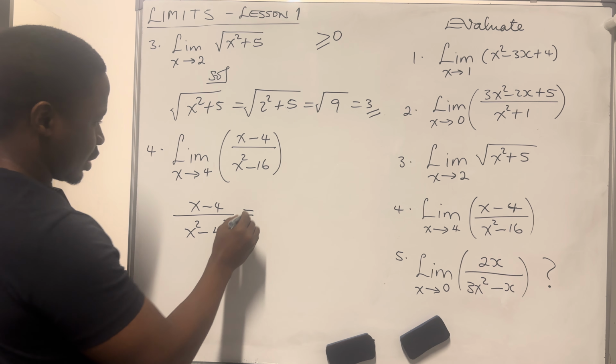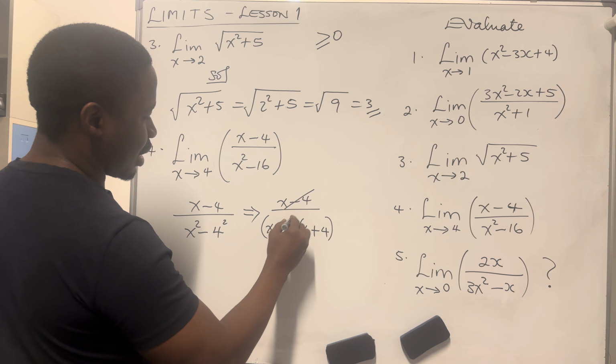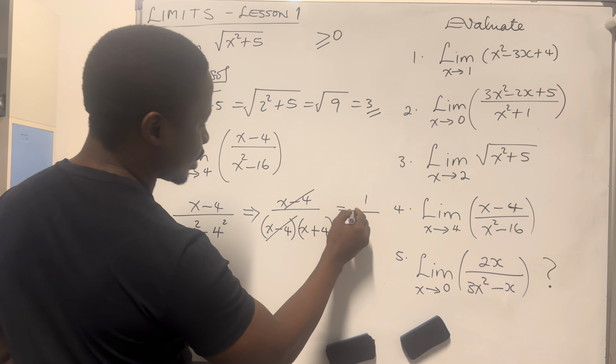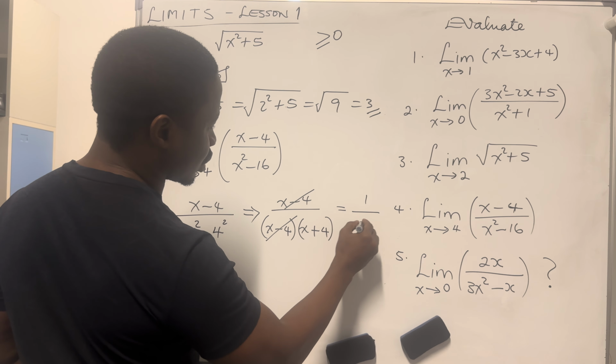For a difference of 2 squares, we have 2 brackets: the first base minus the second base, and again the first base plus the second base. Wherever you start, no problem. x minus 4 cancels x minus 4. What remains at the top is 1, and at the bottom is x plus 4.